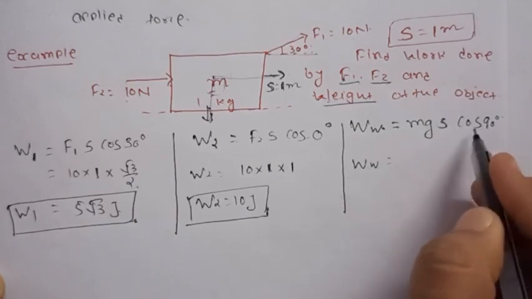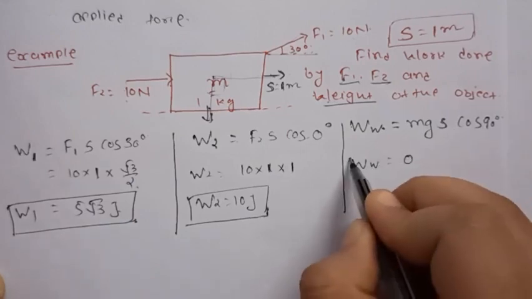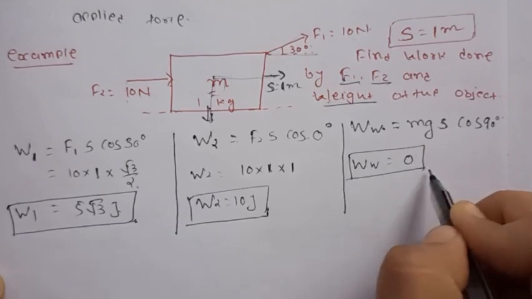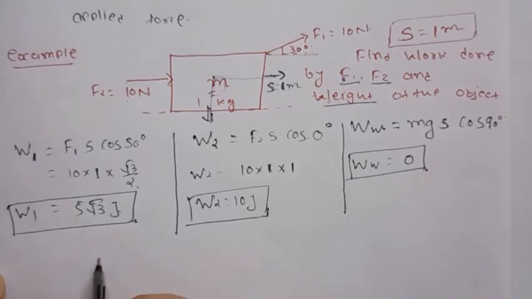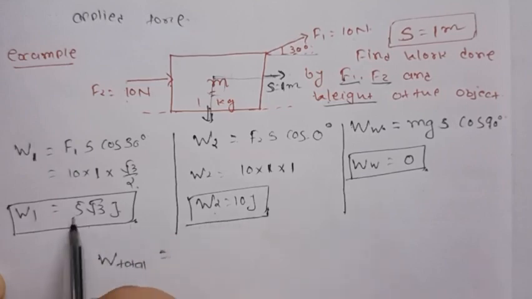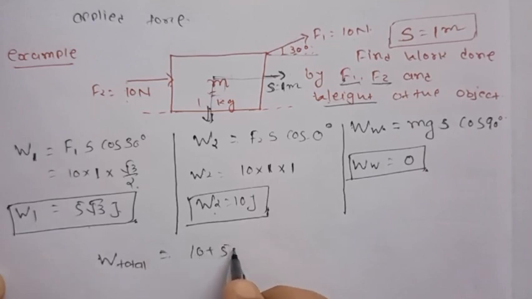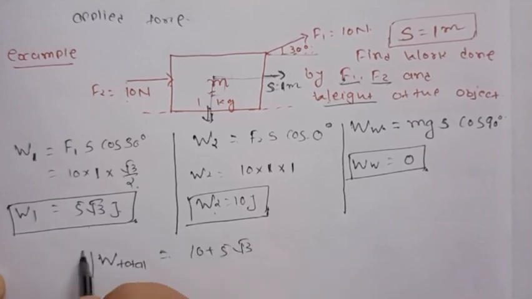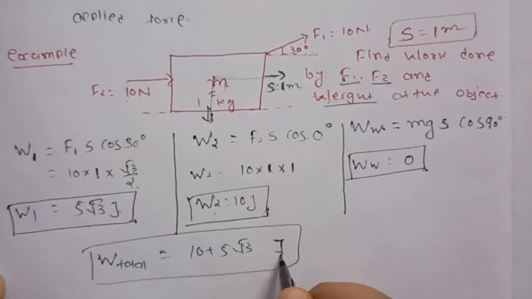Cos 90 is 0, so work done by gravitational force will be 0. If you have been asked the total work done, then it is the simple sum of all the work done. So 10 plus 5 root 3 joule is the total work done.